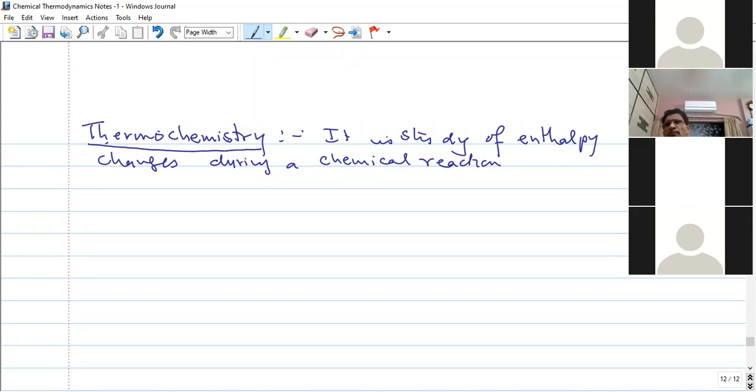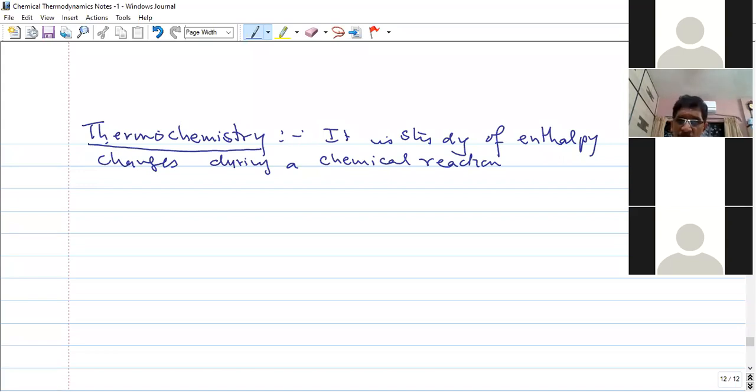Now, amount of heat absorbed or amount of heat evolved during a chemical reaction is called as enthalpy of chemical reaction or heat of reaction. जब कोई भी रिएक्शन होता है तो हीट एब्जॉर्ब होती है या हीट इवॉल्व.